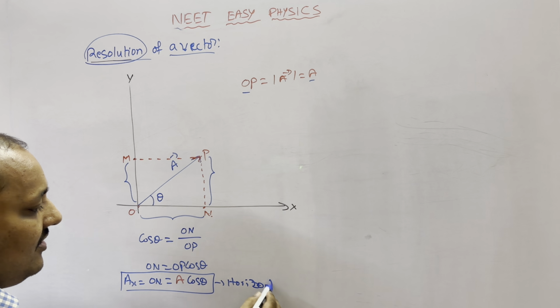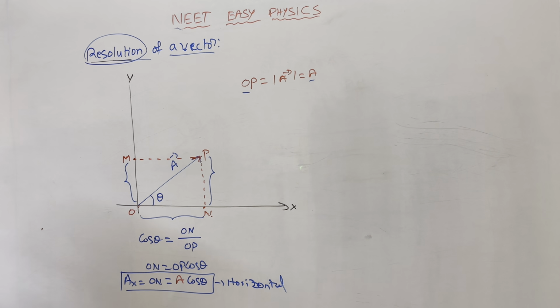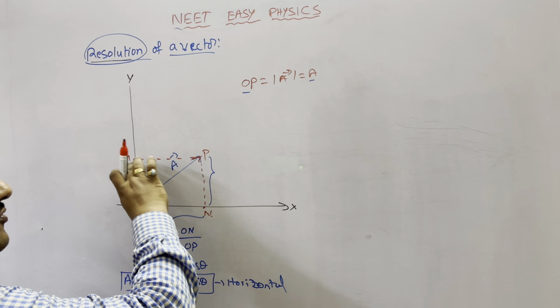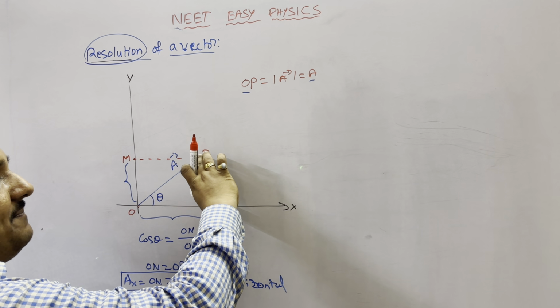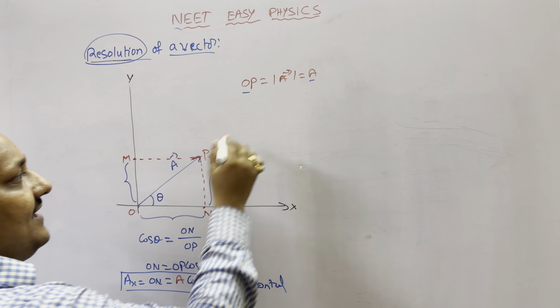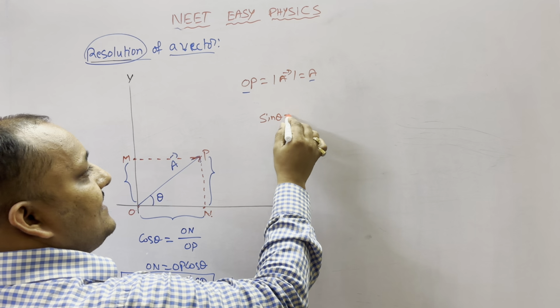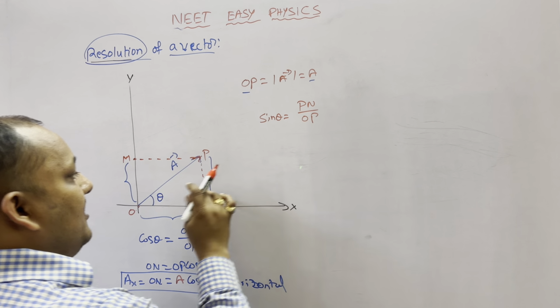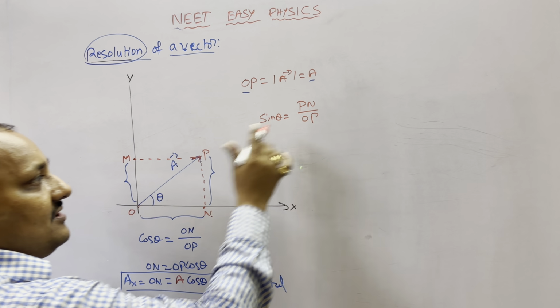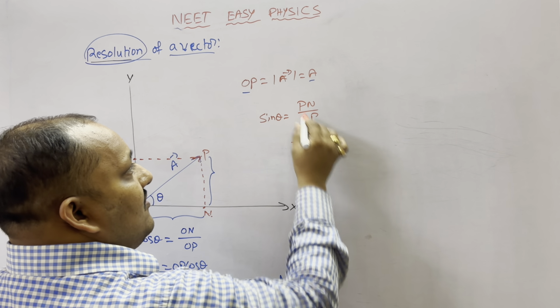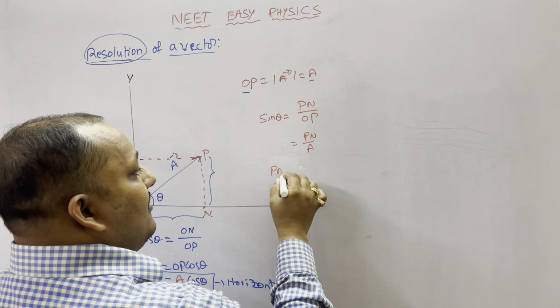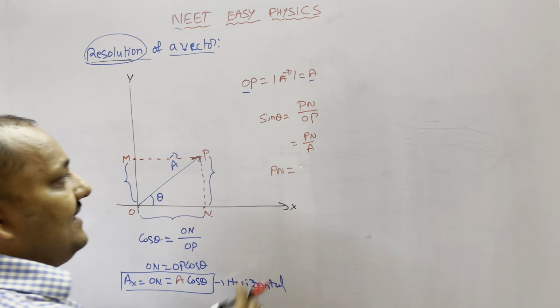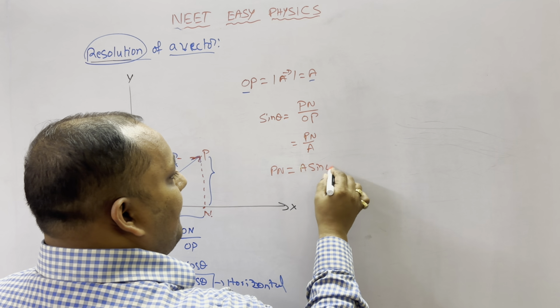Next, if you want to find OM, OM is nothing but PN. PN is the opposite side for theta, therefore we write sin theta. Sin theta is PN by OP, because it is opposite side by hypotenuse. OP is nothing but A. Therefore, PN is A sin theta.